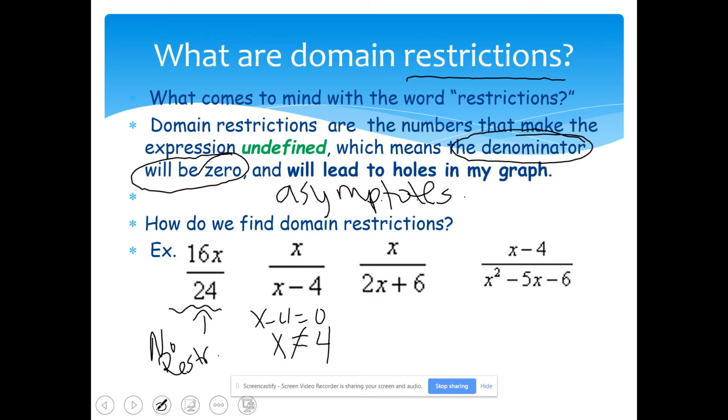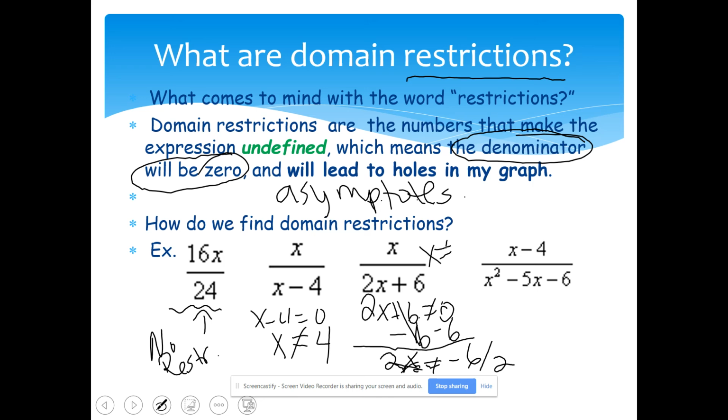So we could pick anything we want except positive 4. 2x plus 6 can't be 0. Subtract the 6. And divide by 2. And our restriction here is negative 3. Our asymptote would be negative 3.